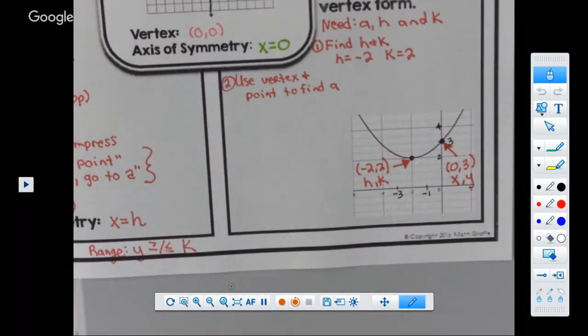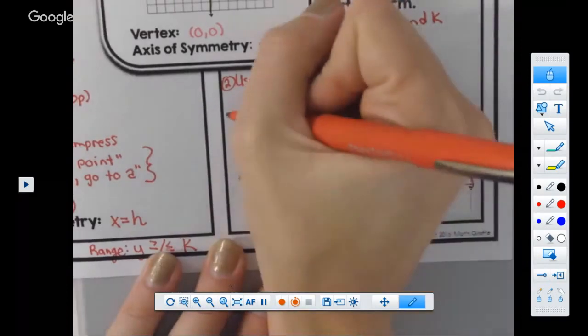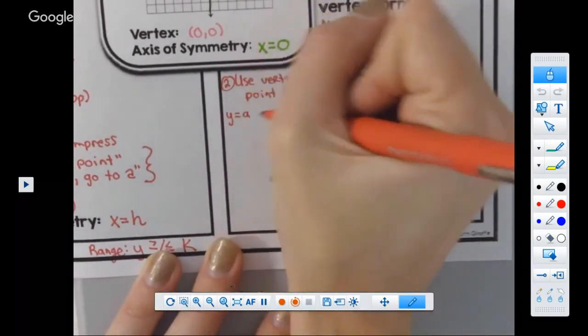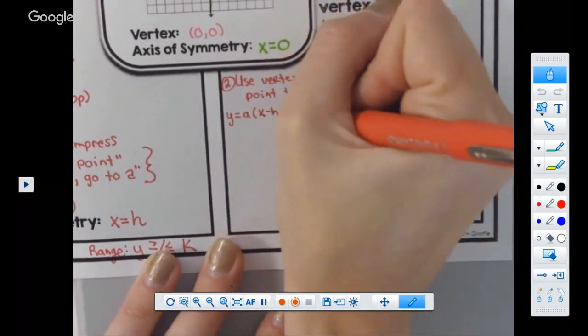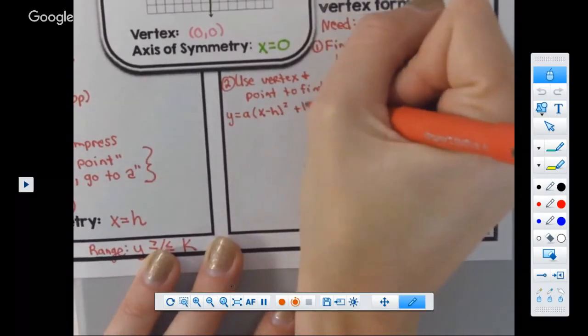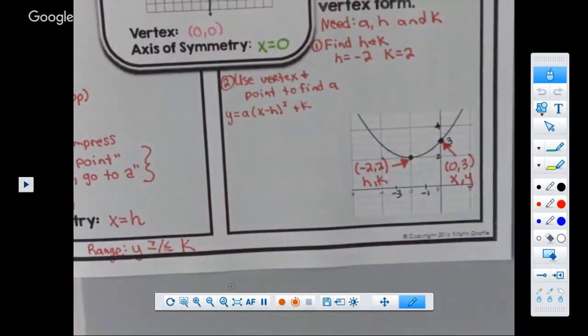And here's how we're going to do this. I'm going to write vertex form. y equals a, parentheses, x minus h squared plus k, and fill in anything that we know. Now, when we do this, what's the only thing that we shouldn't have filled in? What's the only thing we're trying to find? A. So we should have everything filled in except for A.